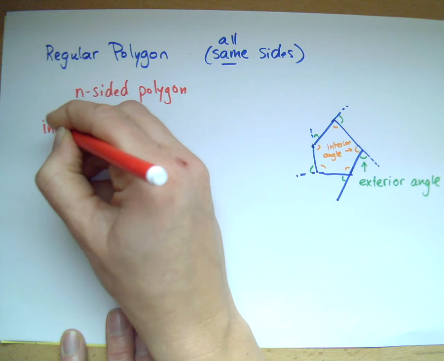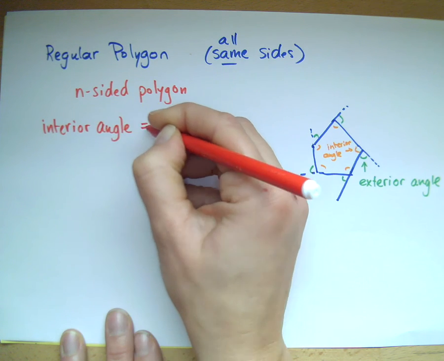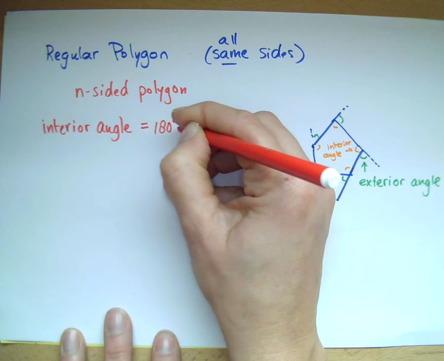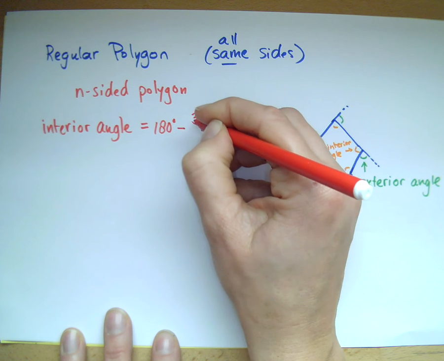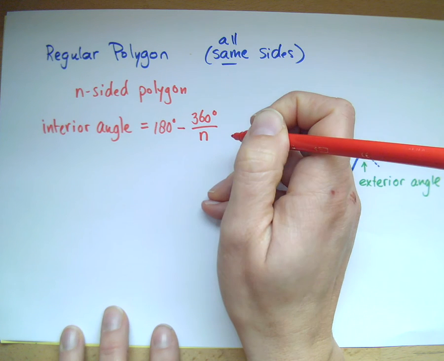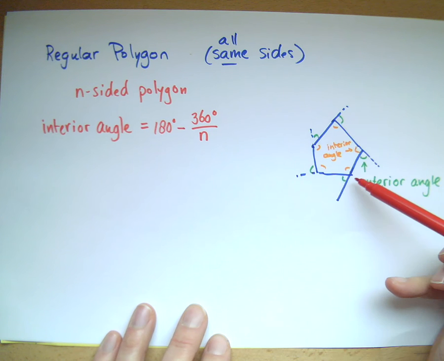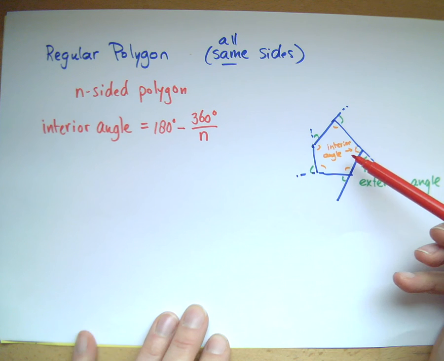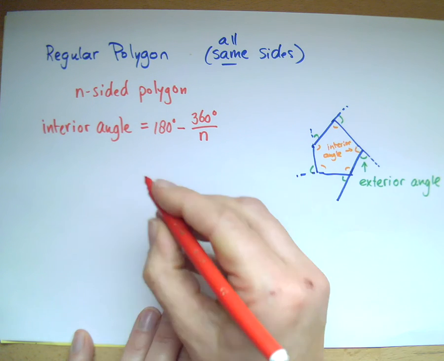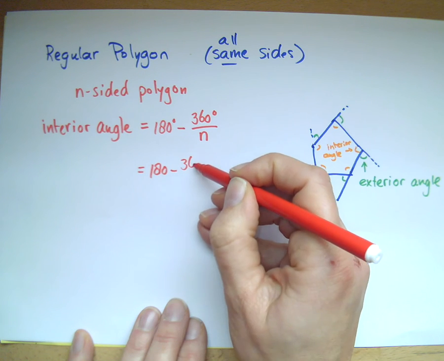the size of the interior angle is going to be 180 degrees minus 360 degrees divided by the number of sides. So in my 5-sided regular polygon, the size of this interior orange angle would be 180 minus 360 divided by 5.